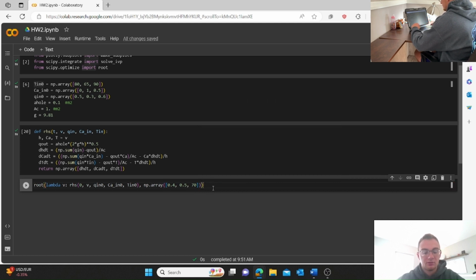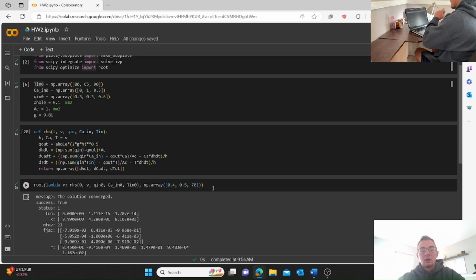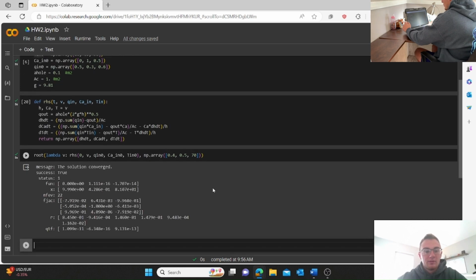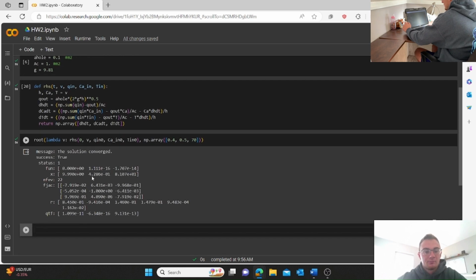Close this out and make sure it runs here. And what this tells us for our solution, first of all, our x here is our values. So 9.99 meters is how tall the fluid in our tank is, so that's the height. Then we have our concentration here at 0.4286, and then the temperature looks like 81.